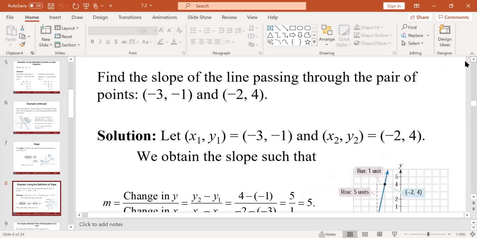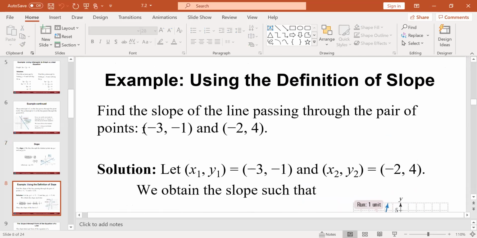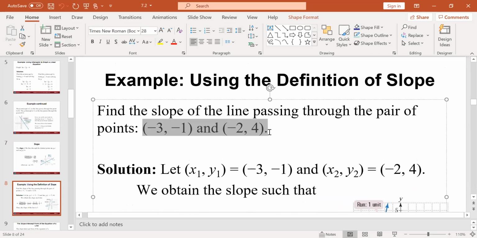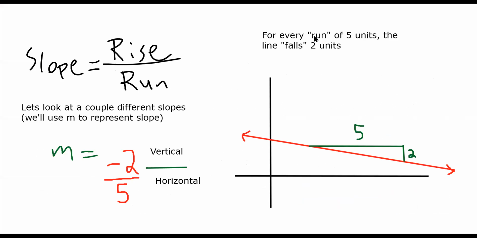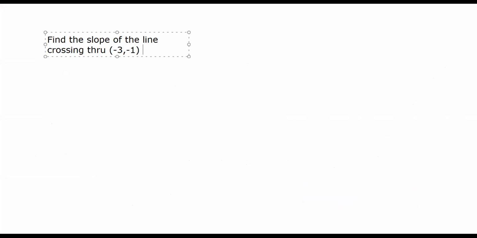So let's find the slope of the line passing through the points -3, -1, and -2, 4. So the slope of the line crossing through, boy, my memory is really bad, -3, -1, and -2, 4.